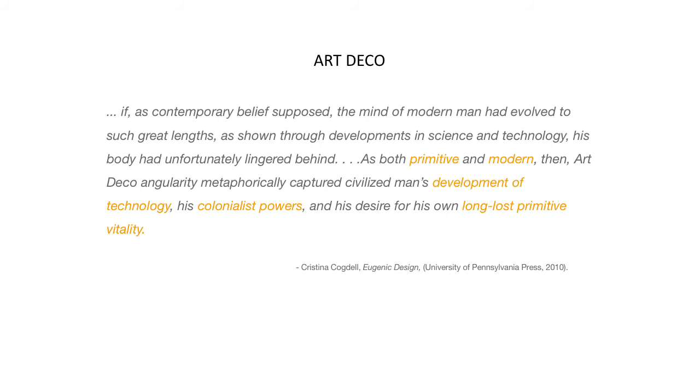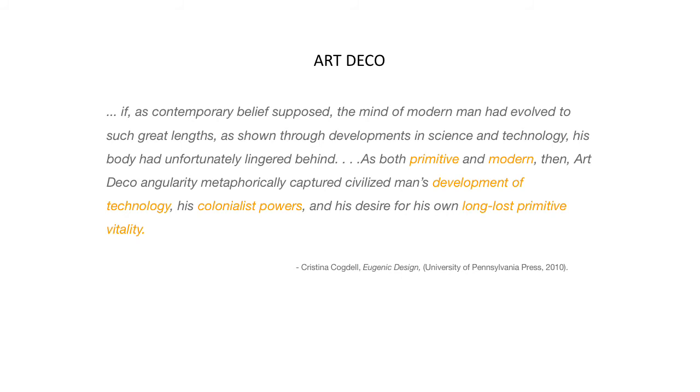When thinking about Art Deco, she's saying it's as if the contemporary belief supposed that the mind of modern man had evolved to such great lengths, as shown through developments in science and technology, but his body had unfortunately lingered behind.